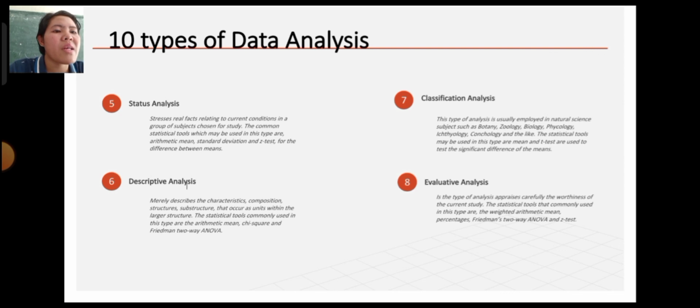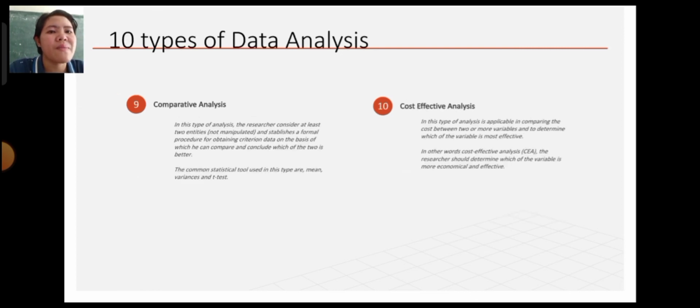Number 8, evaluative analysis. This type of analysis carefully appraises the worthiness of the current study. The statistical tools commonly used in this type are the weighted arithmetic mean, percentages, Friedman's two-way ANOVA, and z-test. Number 9, the comparative analysis.